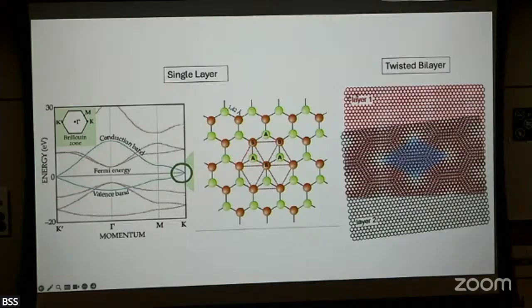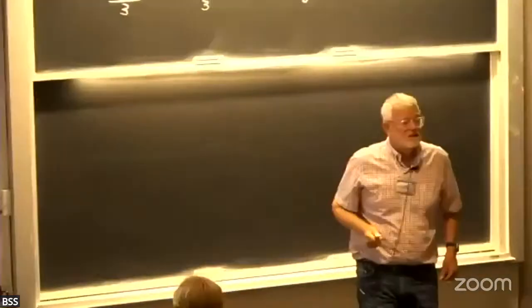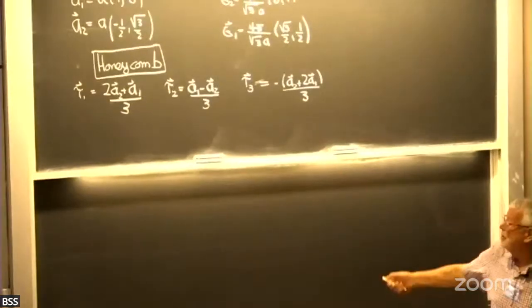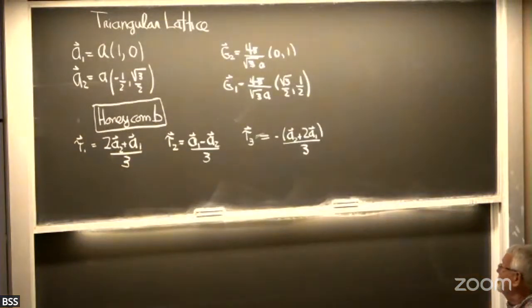The 3 vectors that connect a lattice site to its near neighbors, I called here tau1, tau2, tau3. So those are the near neighbor distances. These 3 vectors all have the same magnitude if you check, and they have a relative orientation of 120 degrees in the honeycomb lattice structure.